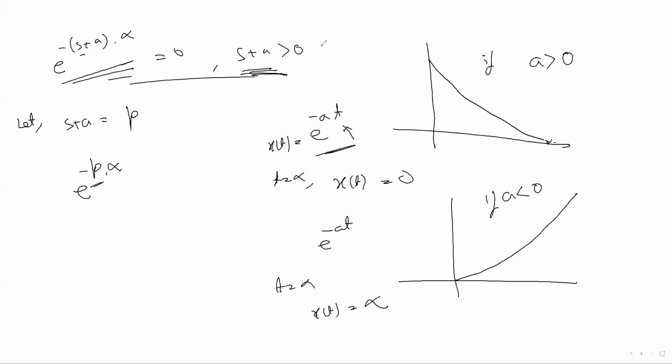Somebody asked the question why I've written this thing. When you put this condition, the graph is this one. If this is greater than 0, then only you will get a value of 0 if s plus a is greater than 0. Okay, you have understood.